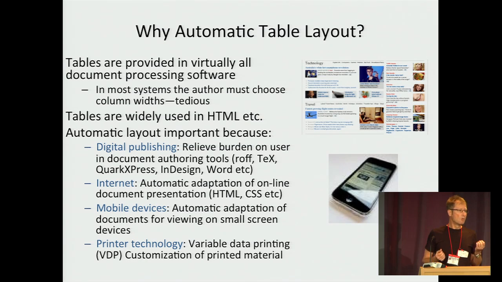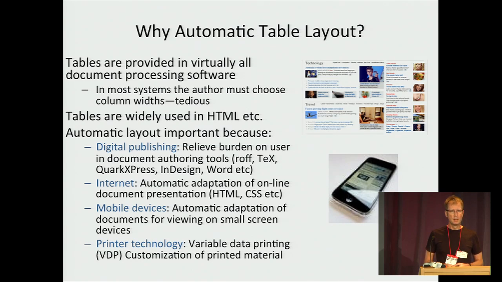And so what this means is there's at least three reasons why automatic table layout is important. Firstly, because it can make authoring tables easier. Secondly, because it can support automatic adaptation of documents on the web to different viewing devices, and in particular mobile devices.